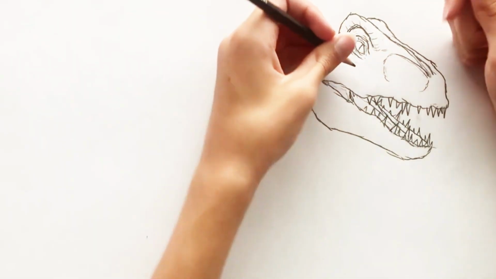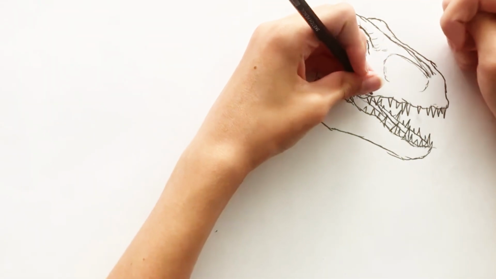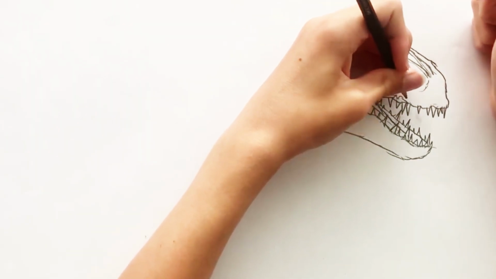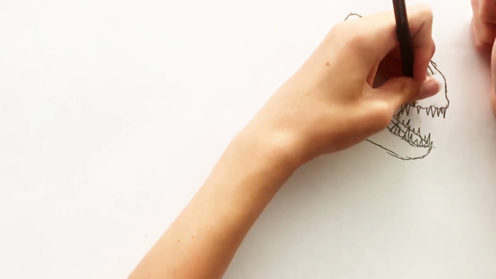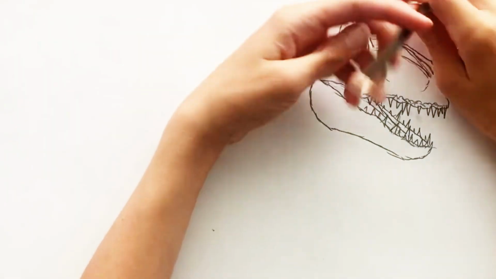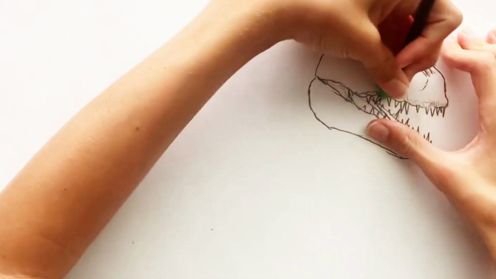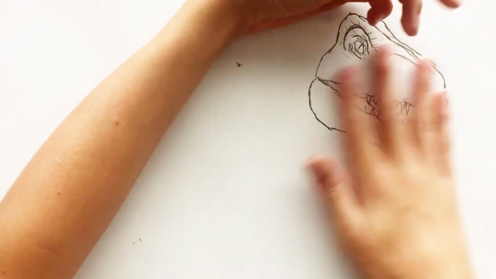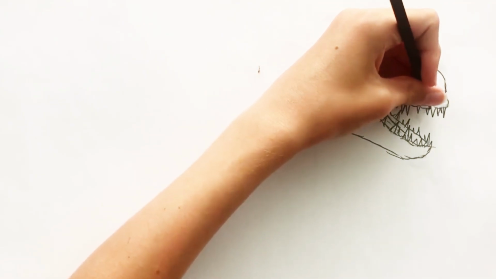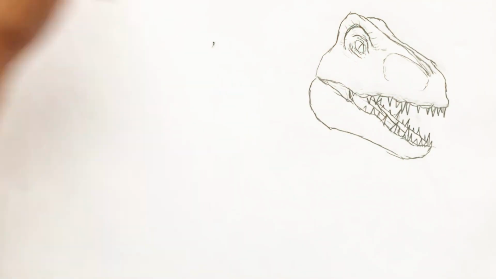And now I'm going to have some lines right here, like what dinosaurs have. They have that stuff, like this stuff. But every time I draw it, it looks bad, so I'm not going to do it. It just does not look good when I draw it. I'm just going to have that right there.